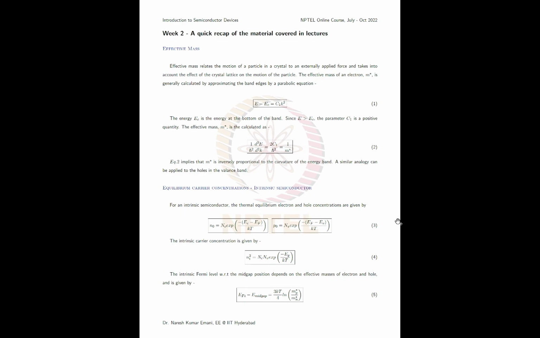Next up is carrier concentration. In an ideal semiconductor, that is an intrinsic semiconductor, the number of electrons and the number of holes are equal.